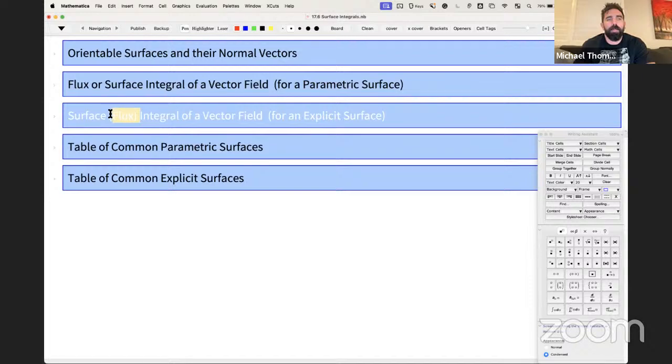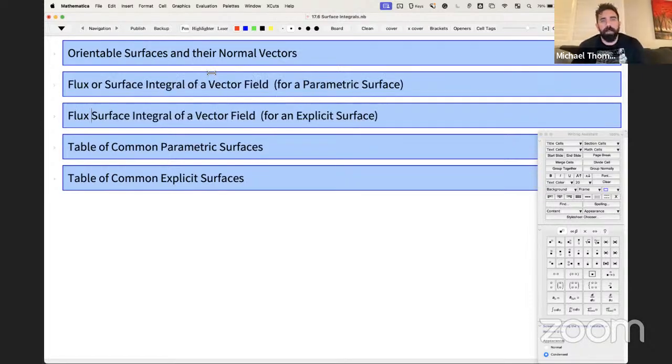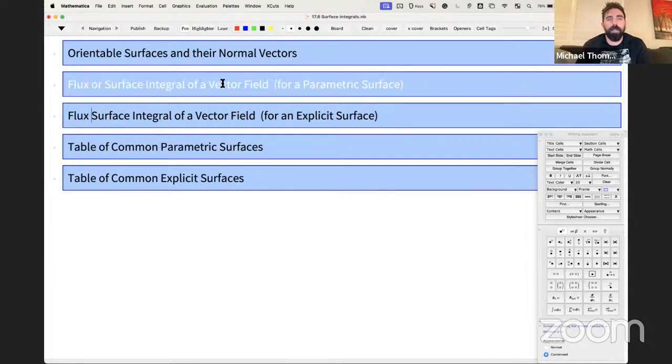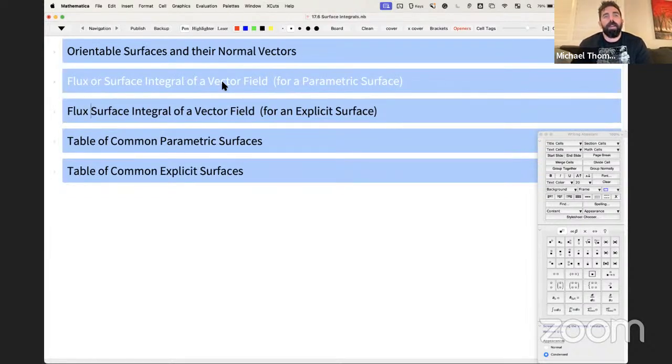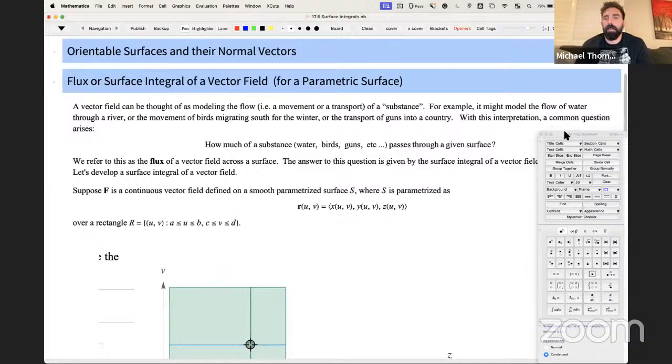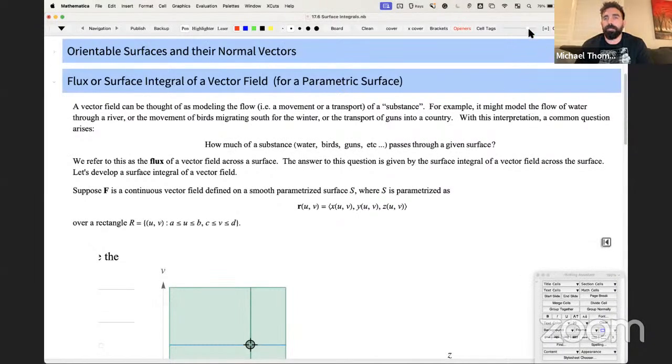Sometimes we'll just say find the flux, but it means a surface integral of a vector field. And we're going to do it once for a parametrically defined surface, and then I'm going to show you how to do it for an explicitly defined surface, just like we did for scalar surface integrals above. Okay, so let's do the parametrically defined one. Let's go through the argument here.